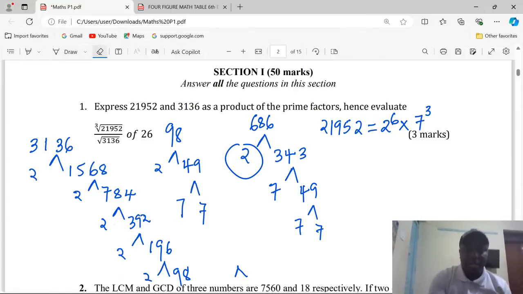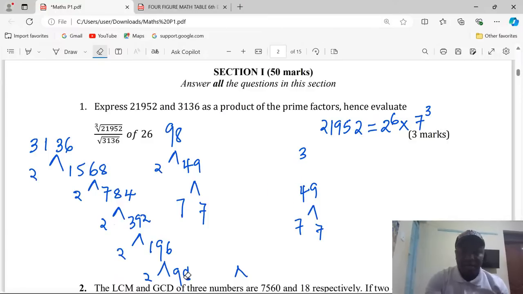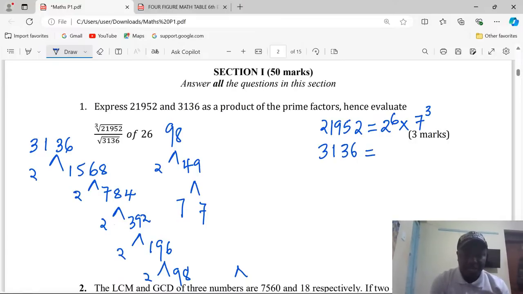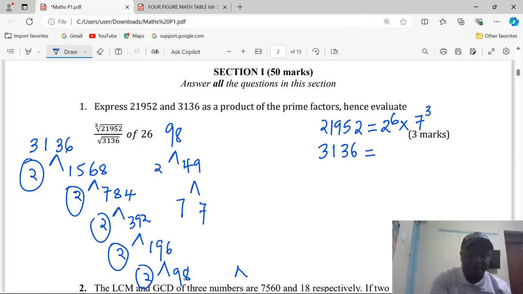Therefore, if this number is expressed as a product of its prime factors, 3,136 becomes, counting the number of 2's, 1, 2, 3, 4, 5, 6, so 2 power 6 multiplied by 7 power 2.